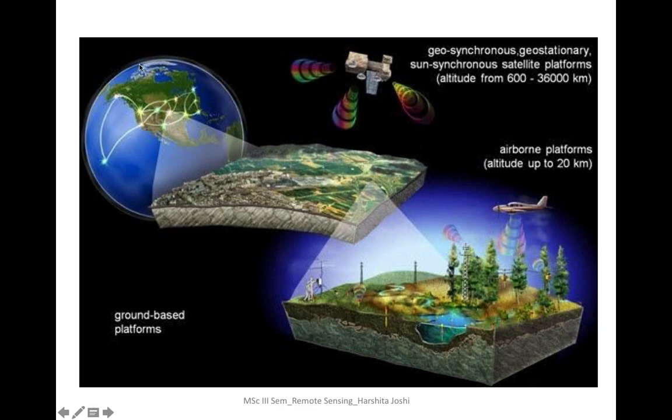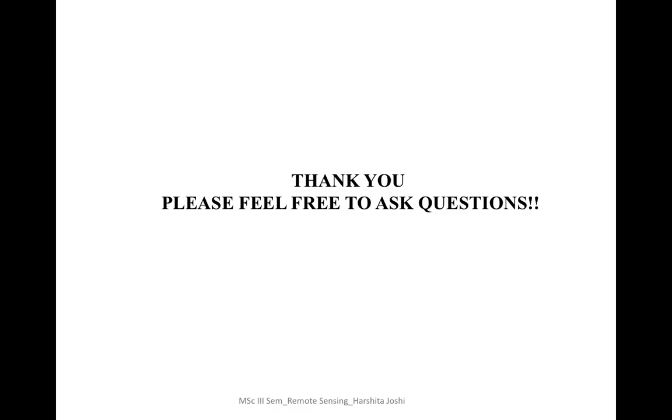So in order to remotely sense the earth, we sense it through ground platforms, airborne platforms or spaceborne platforms. In the next lecture we will study all these platforms. Thank you very much. Feel free to ask questions.